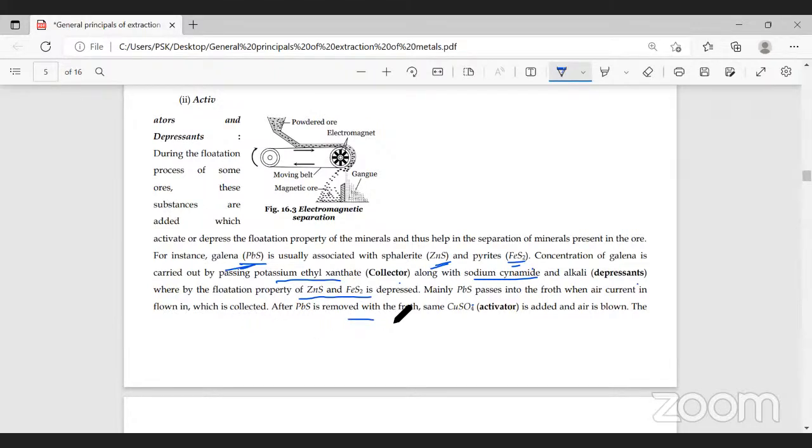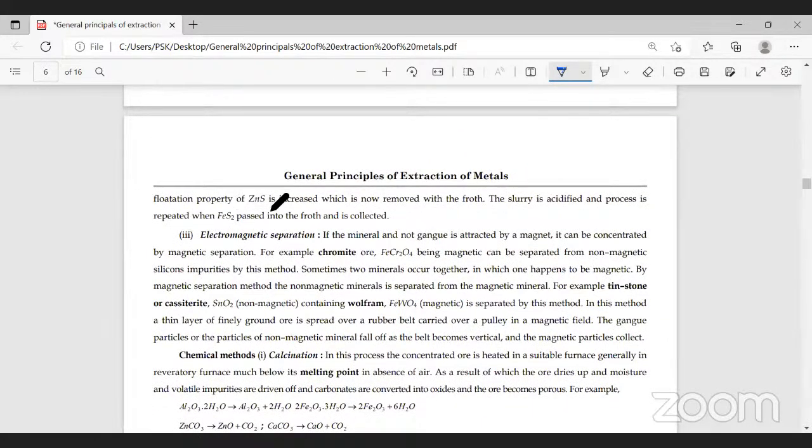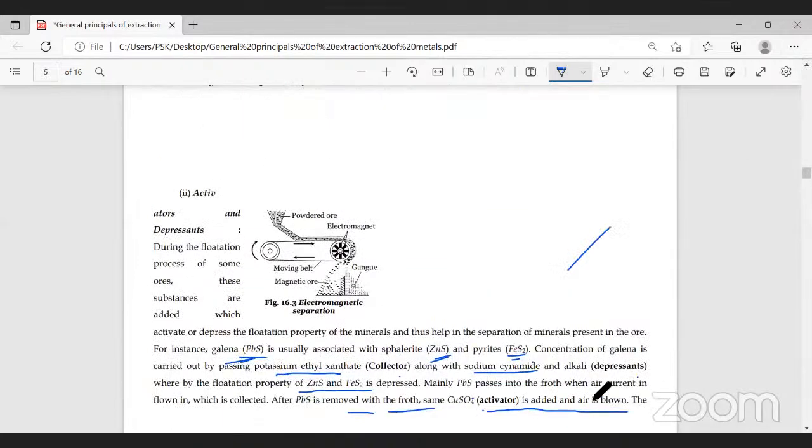After lead sulfide is removed from the froth, some copper sulfate is added as an activator, and air is blown. The flotation property of zinc sulfide is increased, and it is now removed. All right. So this is how, in froth flotation, we use a collector as well as a depressant. That is for an example.